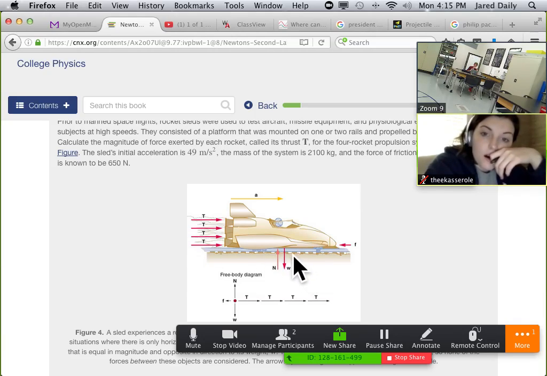And we also have the weight of the sled and the opposing force from the ground or from the tracks. That's what we were talking about a little while ago. We were talking about this opposing force that acts upward on the lawnmower when we push downward on the lawnmower. And this force we're going to have a name for now. We're going to call it the normal force. Normal does not mean it's regular. The normal part of the normal force means it's actually orthogonal, or 90 degrees.